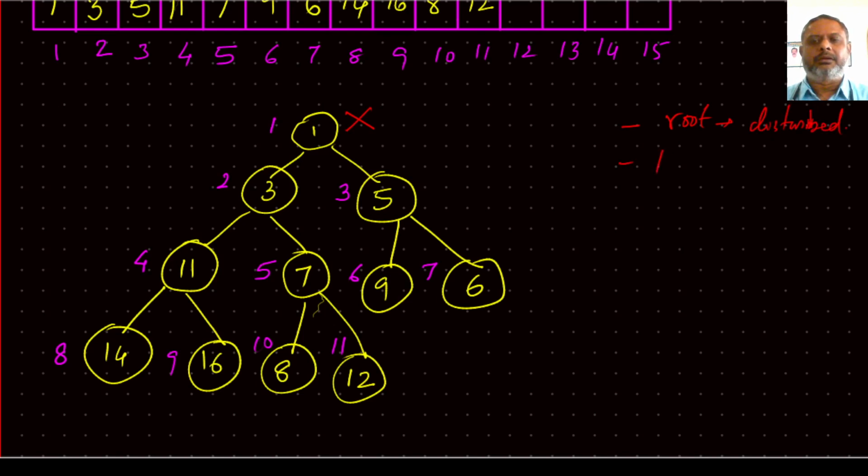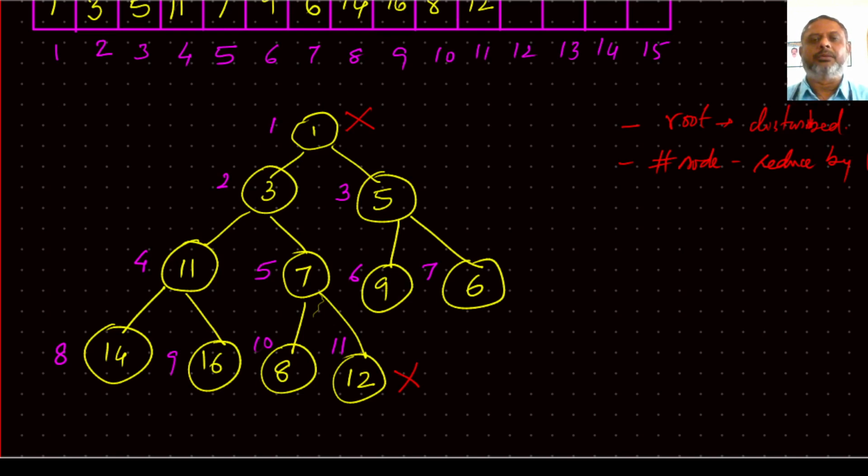Second, the number of nodes is reduced by 1. In this case there are 11 nodes, so when the root is removed, there has to be only 10 nodes. That means this node should not be present instead of this node.